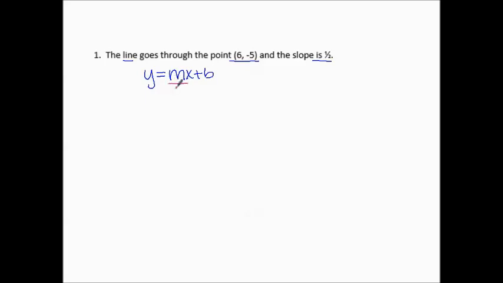I always need my slope and my y-intercept in order to write the equation of the line. So in this equation, I have my slope, m is equal to 1/2. What I'm missing, this problem does not give me my y-intercept or my b. So that is what we need to find.